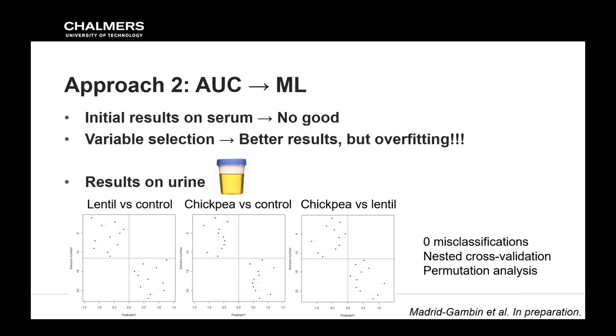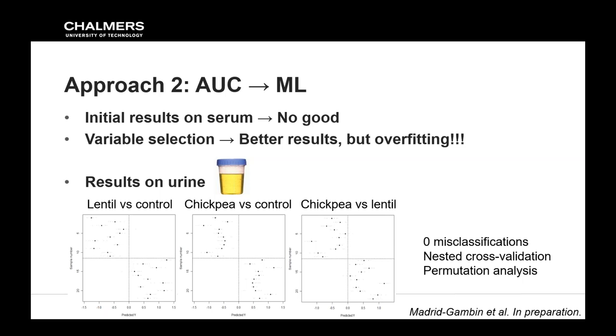And if you're used to seeing multi-level analysis, basically what you expect is to see in the graphs in the lower area of the screen, in lentil versus control, for example, in the upper left part you want to have observations there, and in the lower right part you want to have observations there.